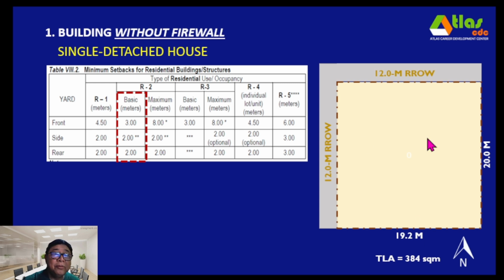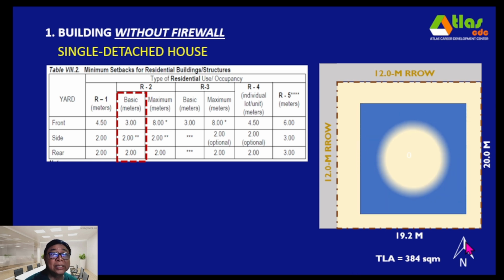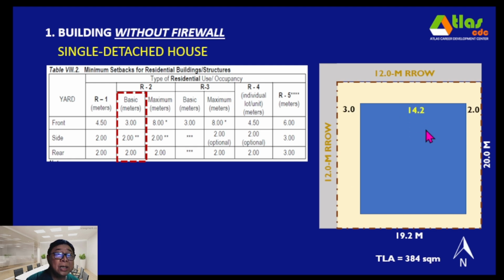So if you have here this lot and we apply those minimum setbacks, if we have a 19.2 meters dimension here and we deduct the 3 meters and 2 meters here, we will get the dimension for this, and that will give you a maximum dimension of the building at 14.2, and then the other maximum building dimension, if we deduct 20 meters with the minimum setback of 3 meters and 2 meters, will give you 15 meters maximum dimension.